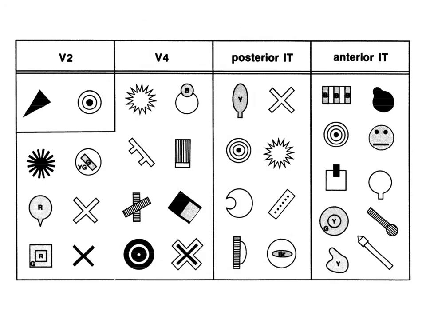Now here's a little nice cutout that shows the kinds of things as they progress up. V2 might give us a couple of small angles and concentric circles. V4 is going to give us the ability to connect full-on shapes. Posterior IT recombines those shapes into new forms until we get to anterior IT that's able to extract a little bit more.